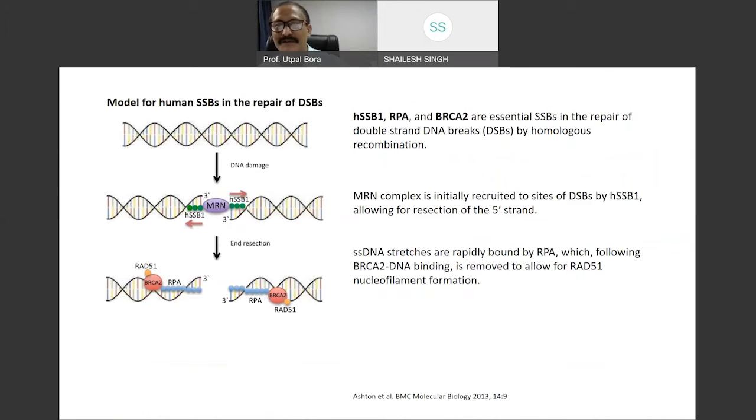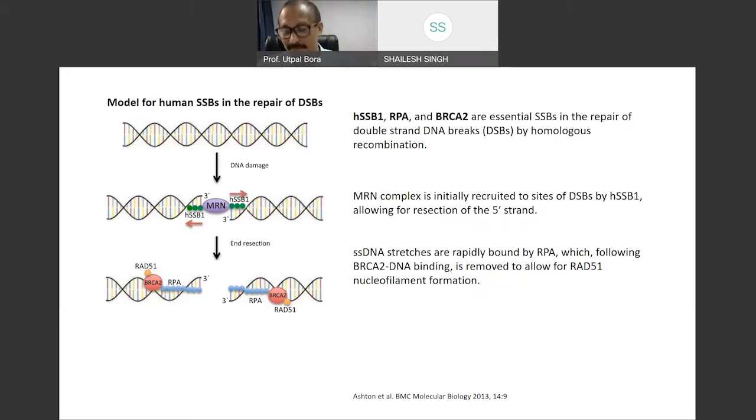This double-strand break repair is a very complex process. But what I want you to carry home as the message is that it involves a lot of single-strand binding proteins. Our focus here is absolutely from the nucleic acid binding protein point of view.